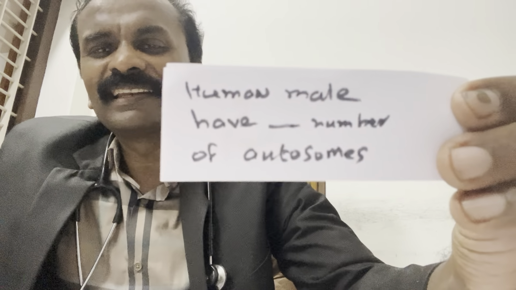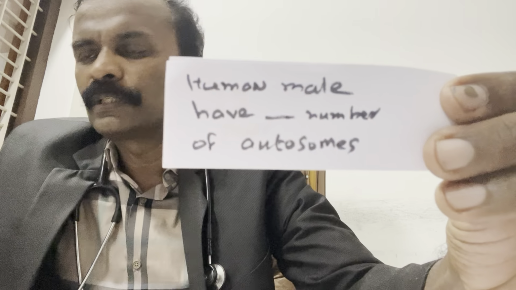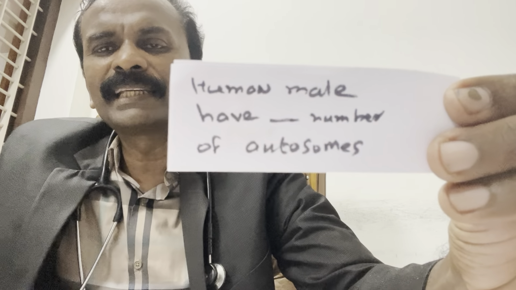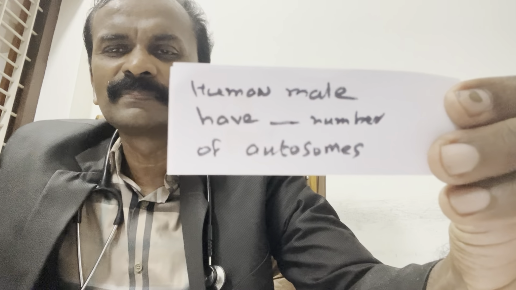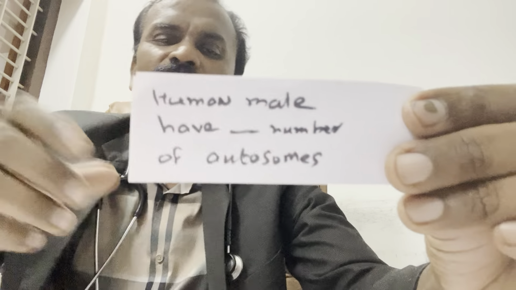Human male has dash number of autosomes. True or false? 22 pairs. Don't forget the question, okay? Human male has 22 pairs of autosomes.